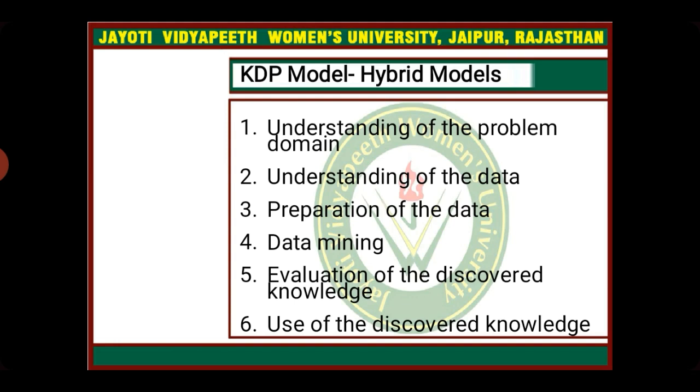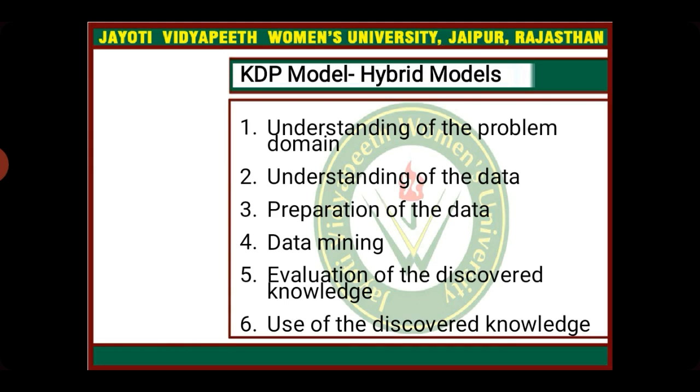This loop is caused by the need for additional or more specific information about the data in order to guide the choice of specific data pre-processing algorithms. Third is from data mining to understanding of the problem domain. The reason for this loop could be unsatisfactory results generated by the selected data mining methods, requiring modification of the project's goals.